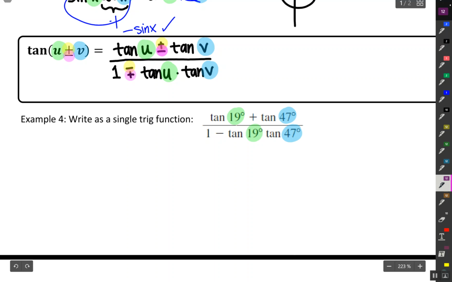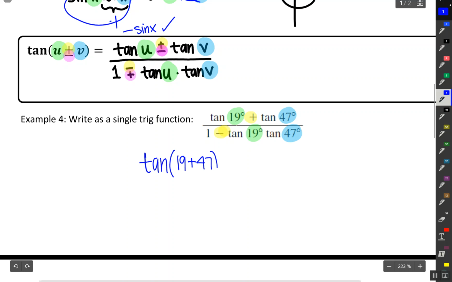And you can see that the signs are plus and minus, and so that would be with the plus. Okay, so this is going to be the tangent of 19 plus 47 degrees, or the tangent of 66 degrees.